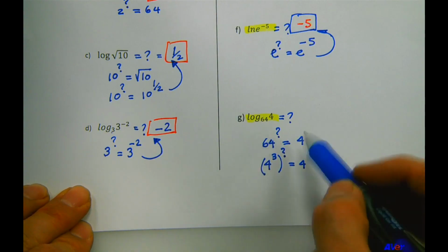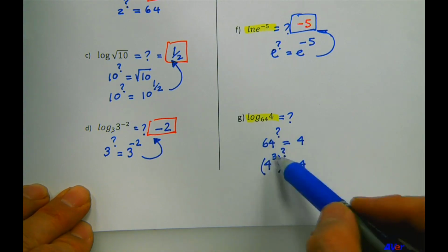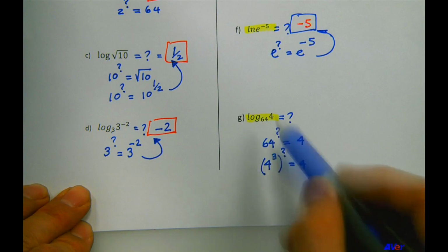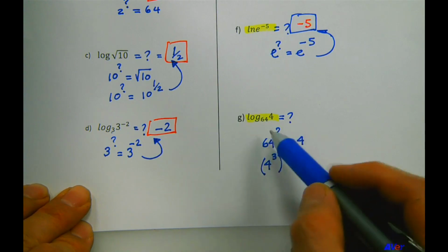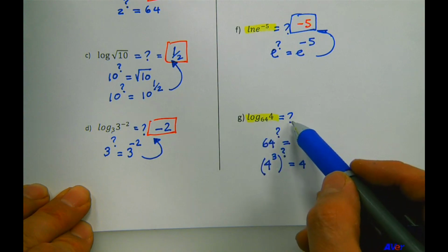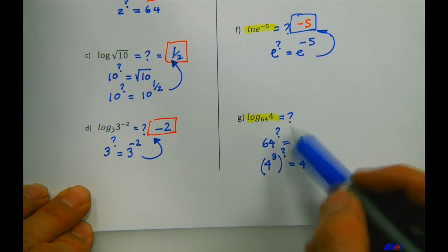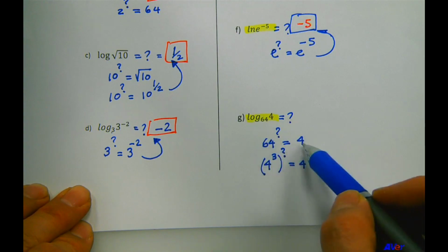So if 4 cubed is 64, then cube root of 64 would be equal to 4.